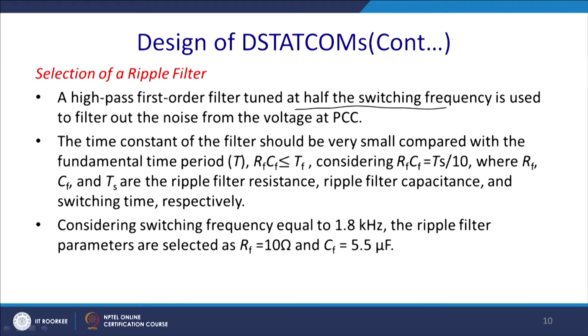And while doing that, we require to choose the time constant to be very small compared with the fundamental time period T. So, T should be much greater than Rf into Cf, and let us consider that Rf into Cf will be Ts by 10, where Rf, Cf and Ts are the ripple filter resistance, the ripple filter capacitance and the switching time respectively.